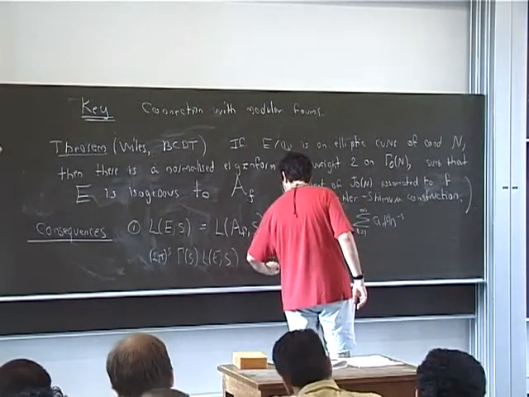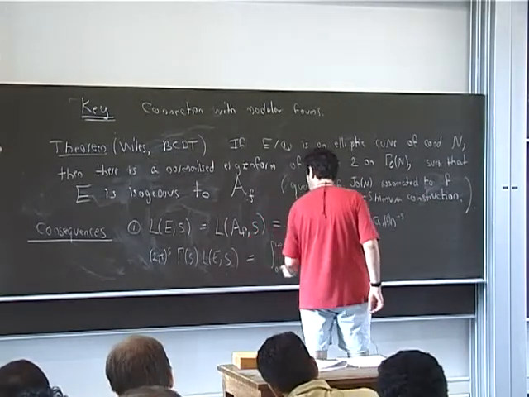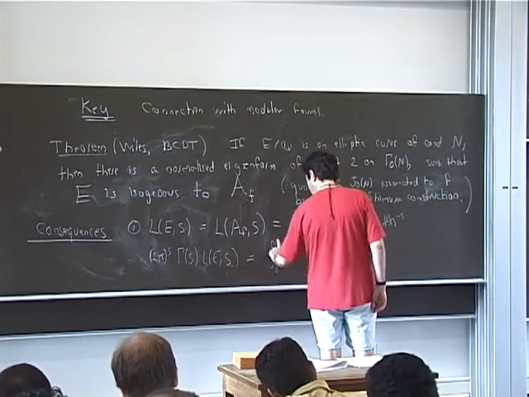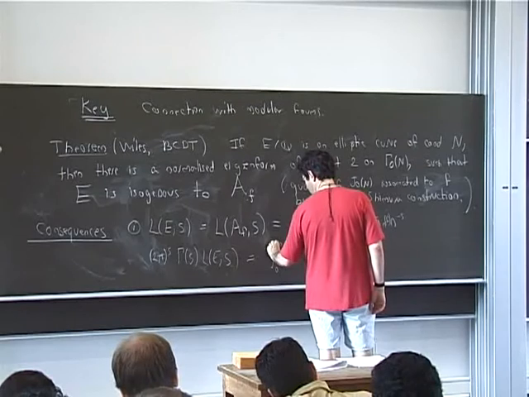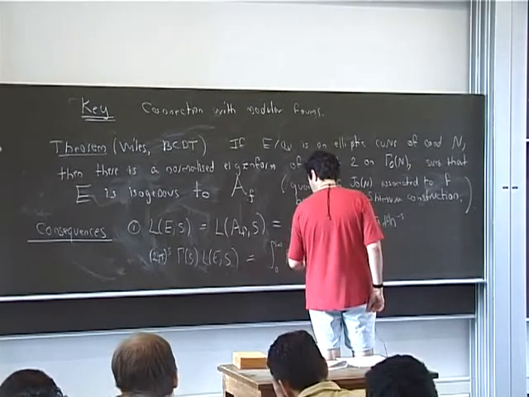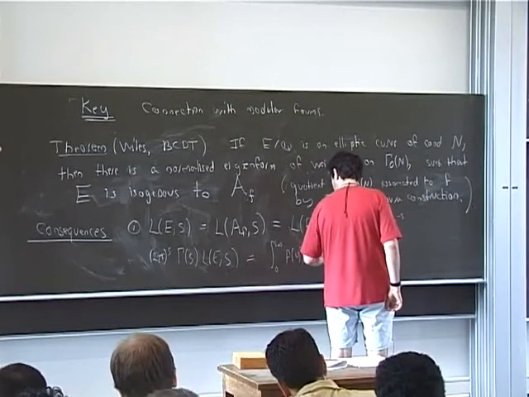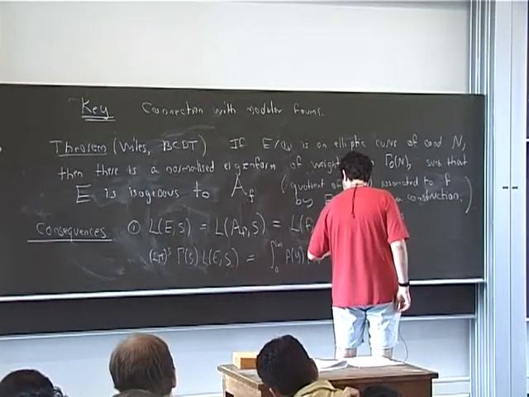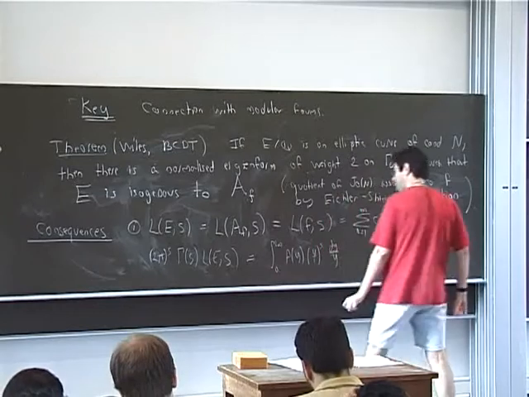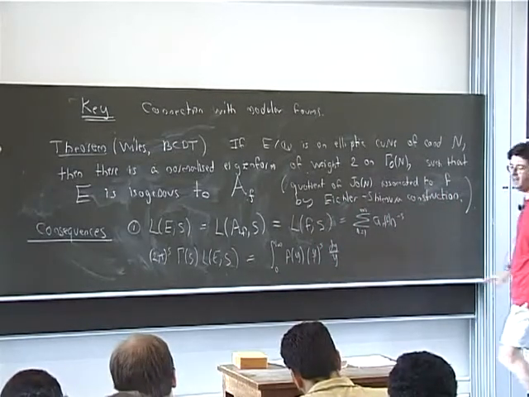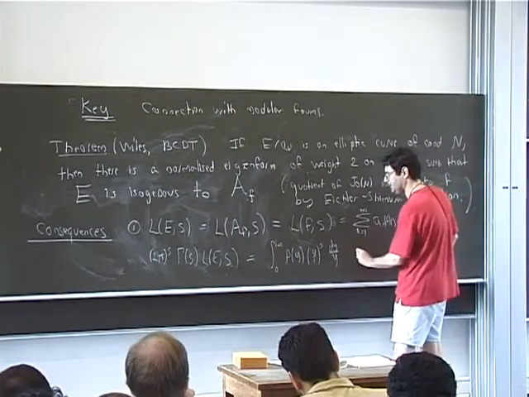So it's essentially the Mellin transform, the integral from 0 to i infinity of f of y, y over i to the s, dy over y. I think I might be off by a power of pi here. I'm not sure, but this is more or less what it is.